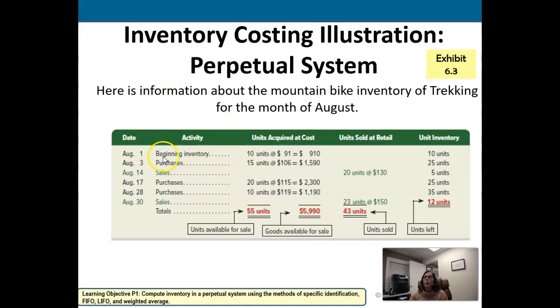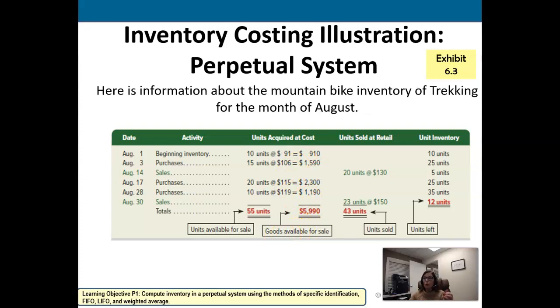In this case, we've got our beginning inventory and then purchases. Then we've sold some items, and then we've got more purchases, more sales, and then the total. The units available is what we could have theoretically had to sell over the course of the month, and the total of these costs is our goods available for sale.